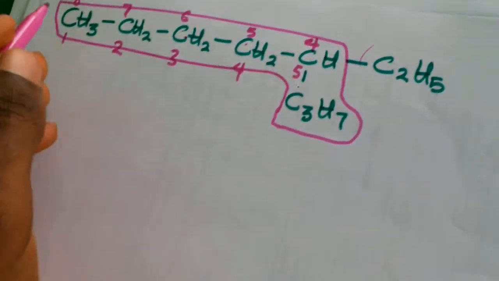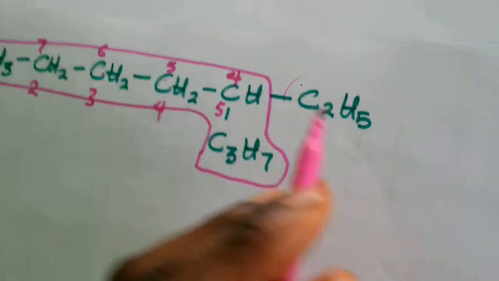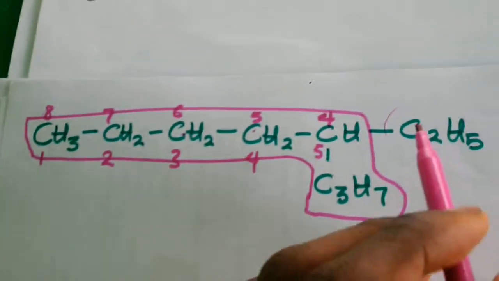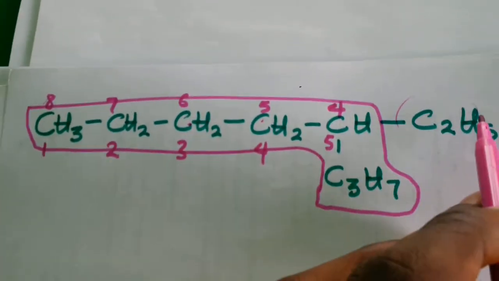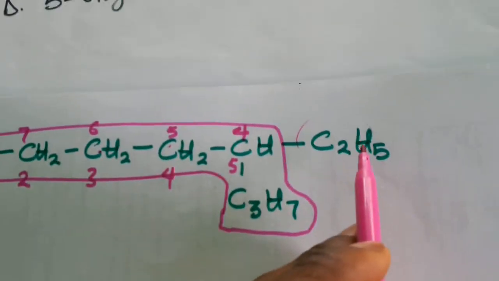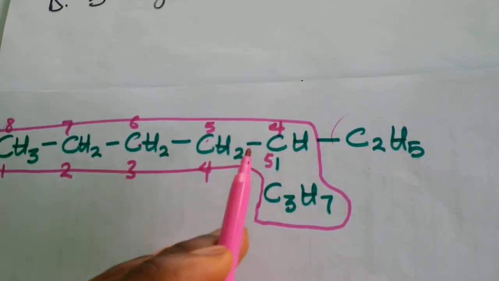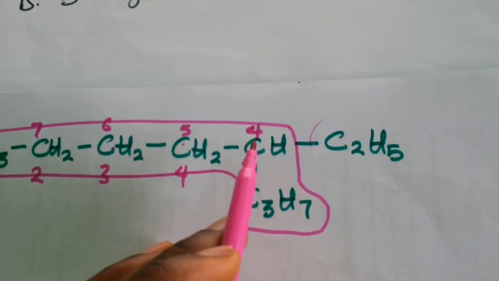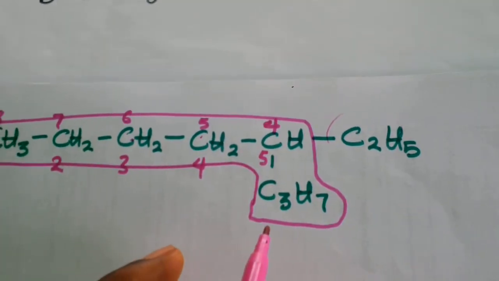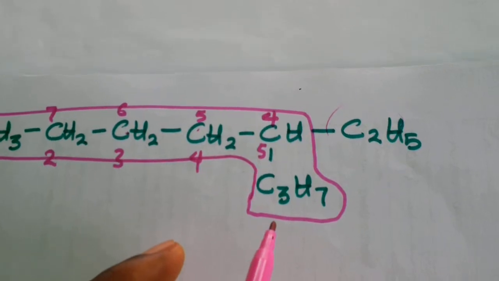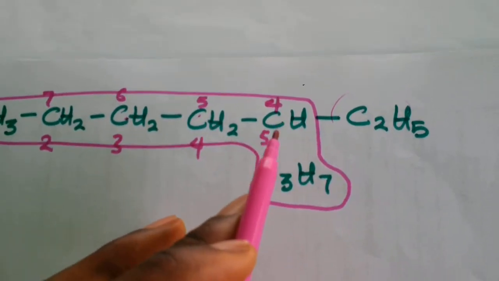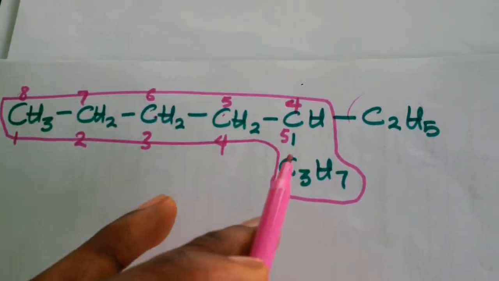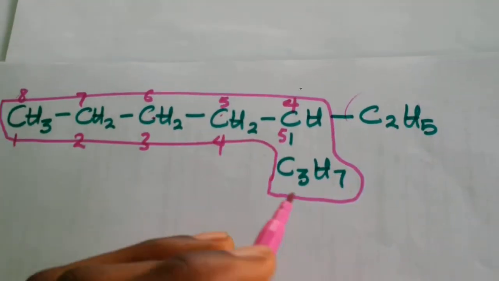So obviously we are going to use the top numbering, because the top numbering gives the lower number to this substituent. The substituent is ethyl, and for the top numbering it is on carbon 4. But for the bottom numbering, the ethyl is on carbon 5.